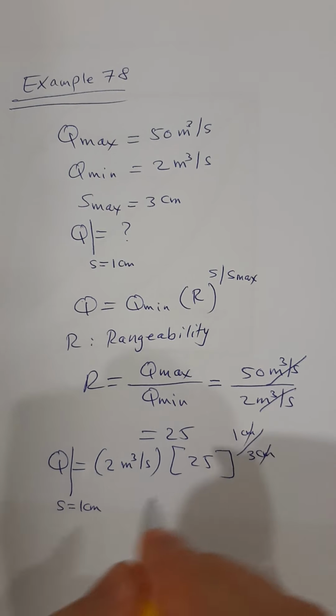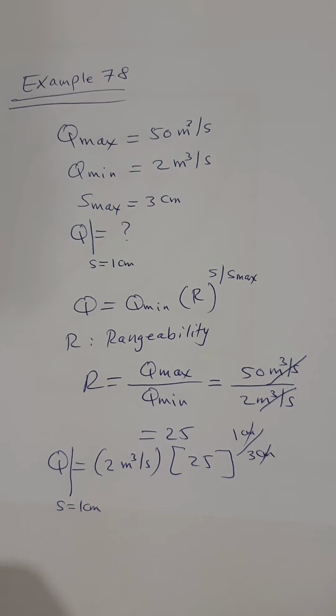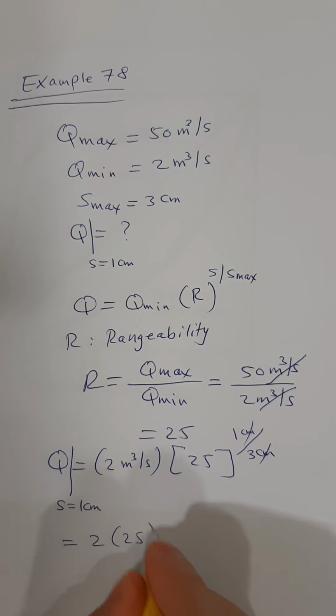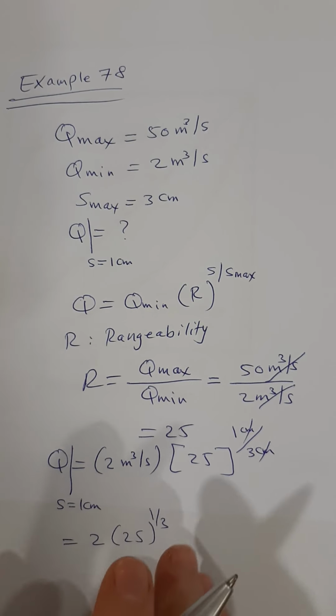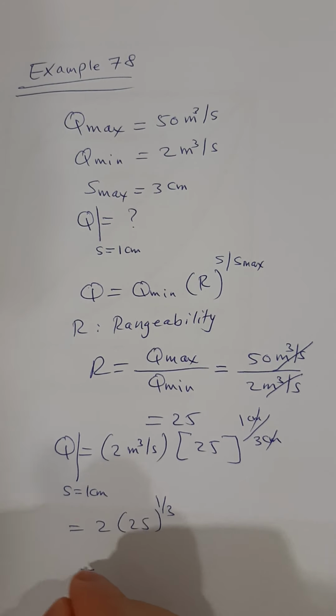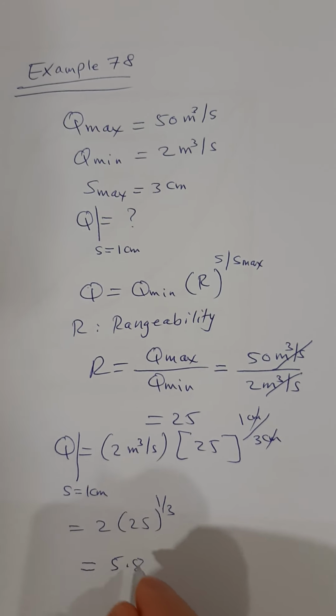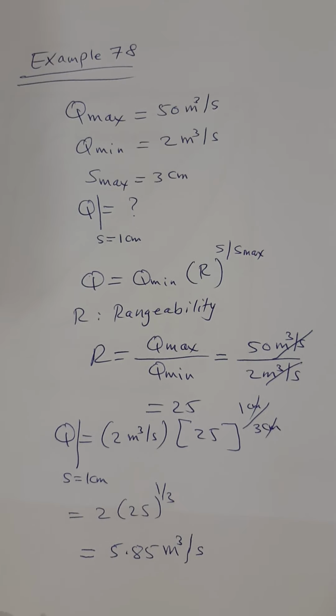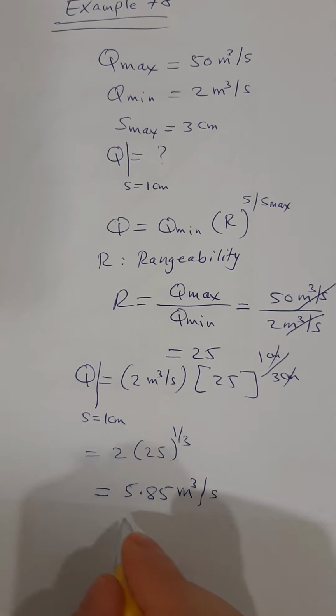So centimeter cancels with centimeter. So this is equal to 2 times 25 to the power 1/3, and this is equal to 5.85 meter cubed per second. Okay, so this is the flow.